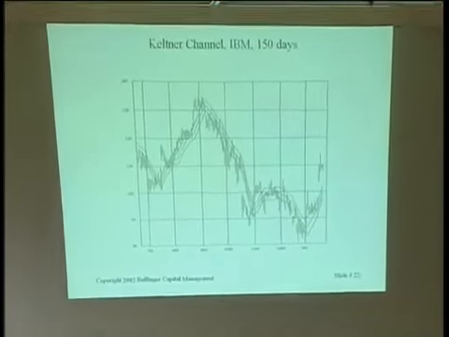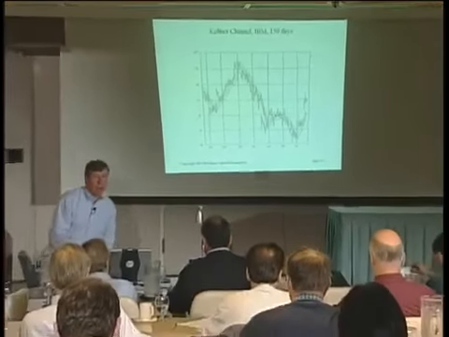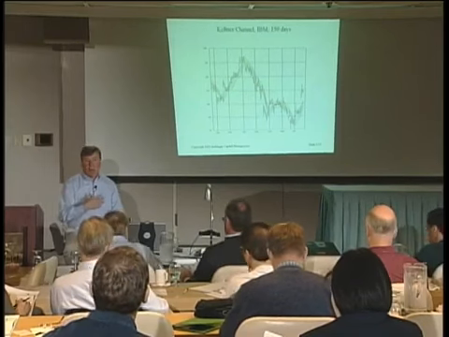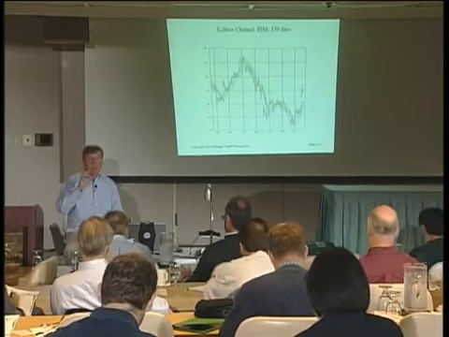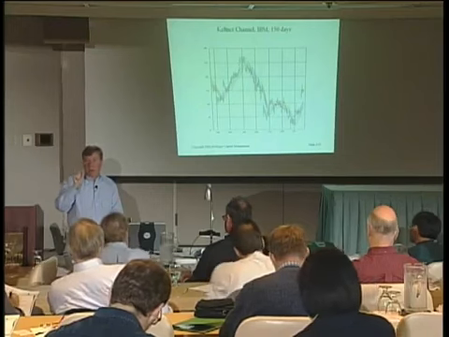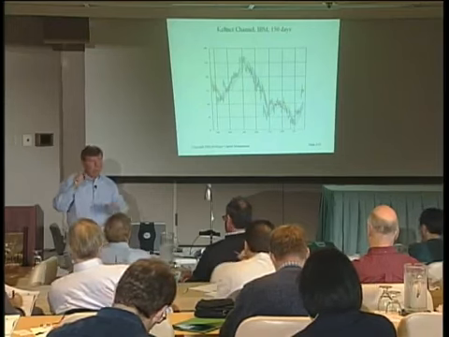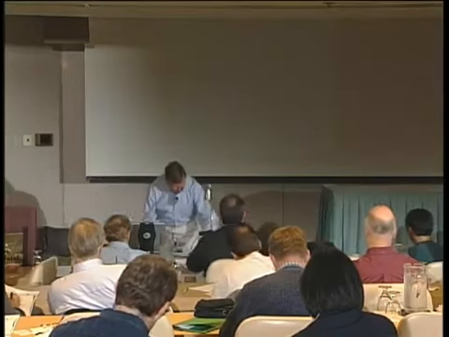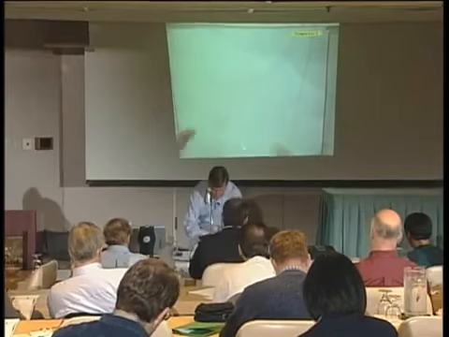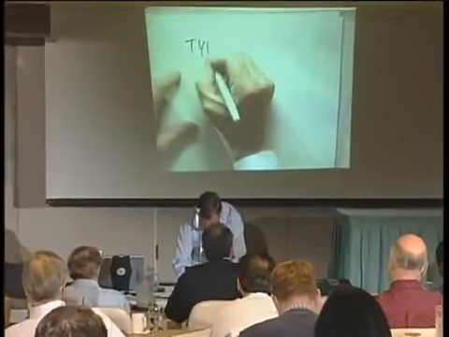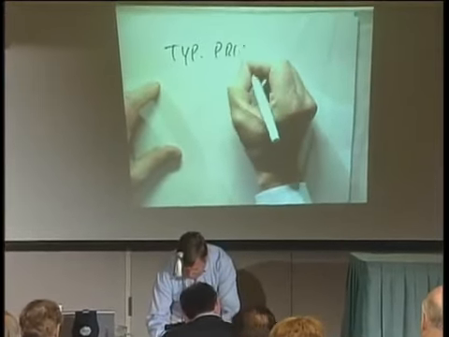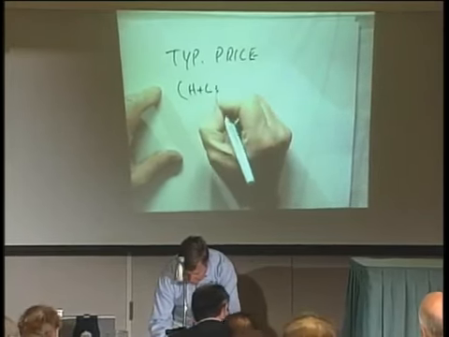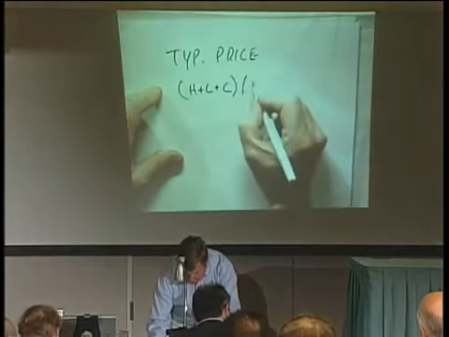How does he define typical price? Typical price can be defined in several ways. My own definition, the one I use in my work and use most often, is the high plus the low plus the close, that quantity divided by 3.